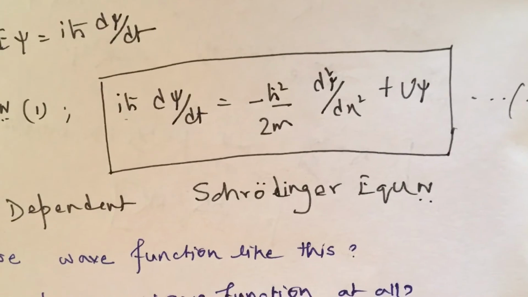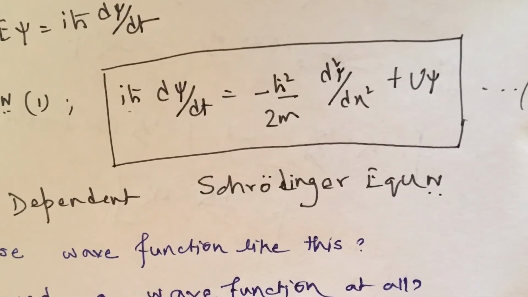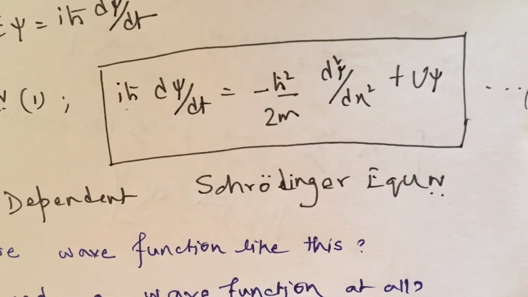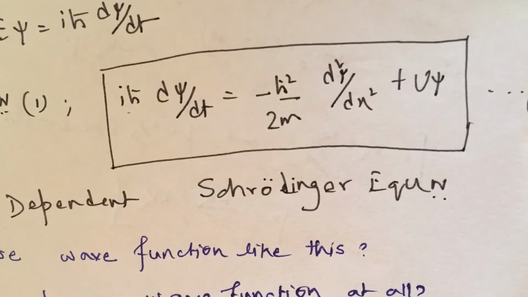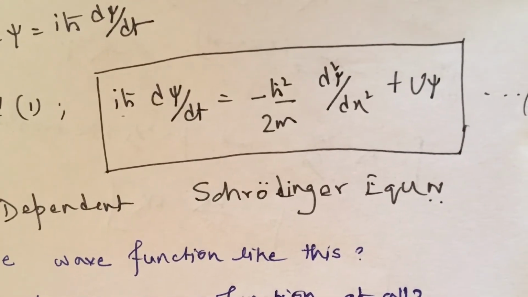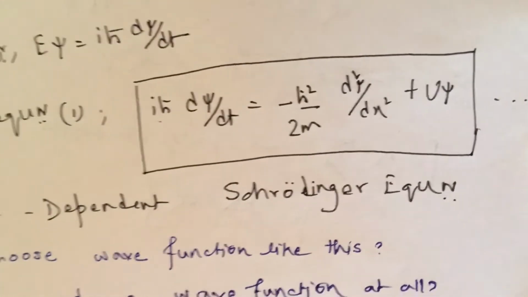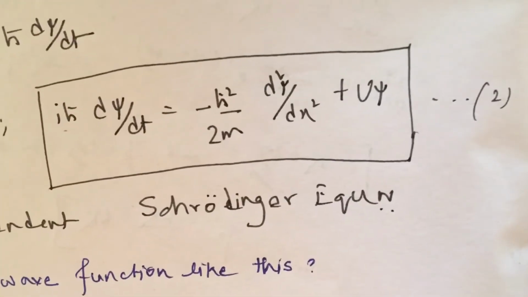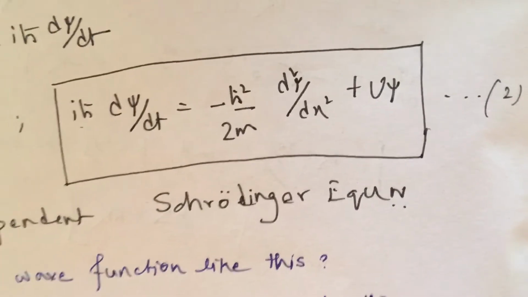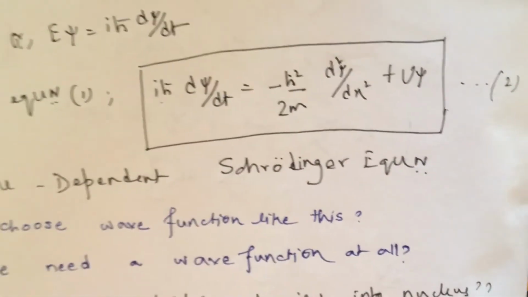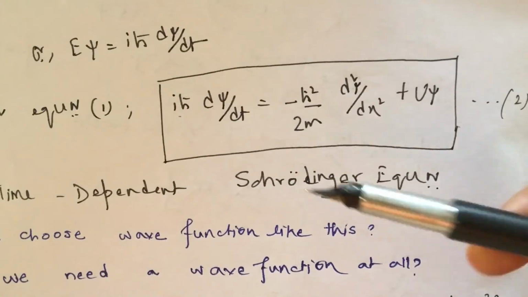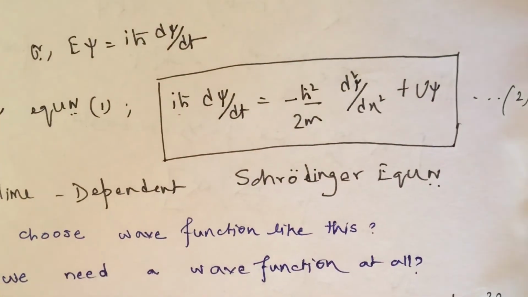And again E equals kinetic energy plus potential energy. So I get i h cross d psi by dt equal to minus h cross squared by twice m d2 psi by dx squared plus U psi. I am just using equation 1 here, and I will get equation 2. This is the time dependent Schrodinger equation because of the time factor on the left hand side.